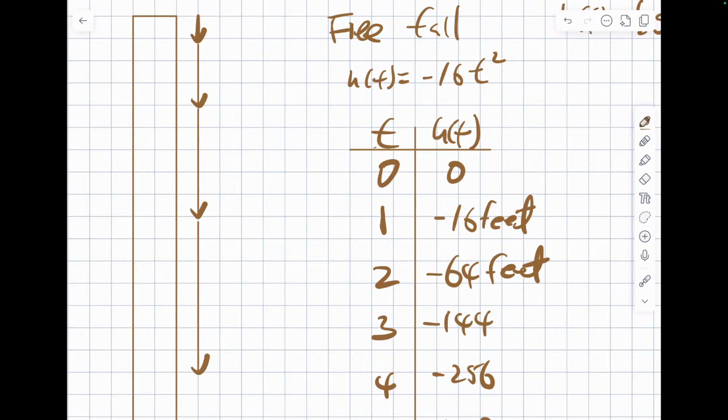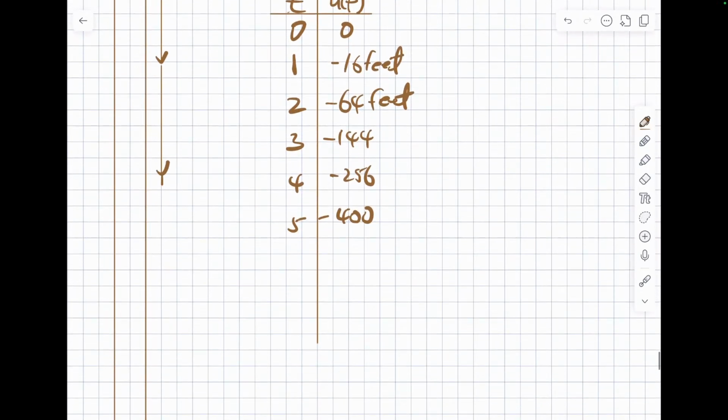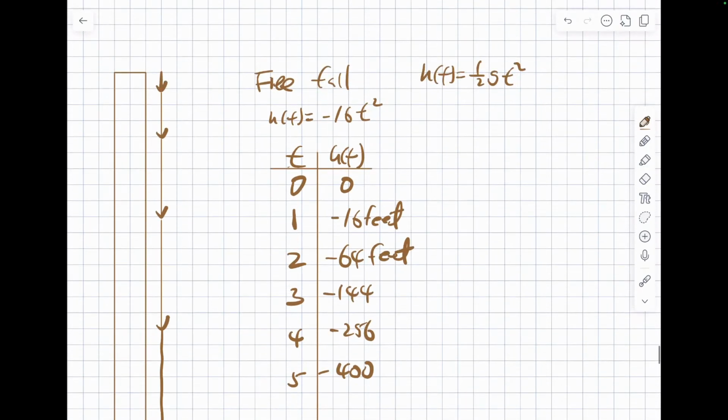In 5 seconds, it's going to fall this much. Wait, hold on a second more. This much. So this is the 1 second, 2 second, 3 second, 4 second, and 5 second.